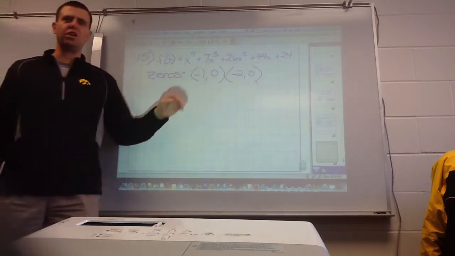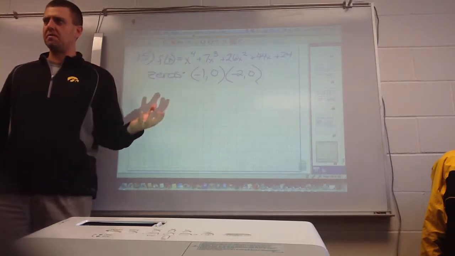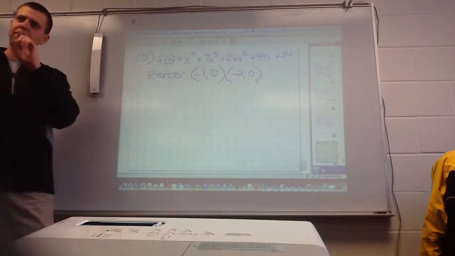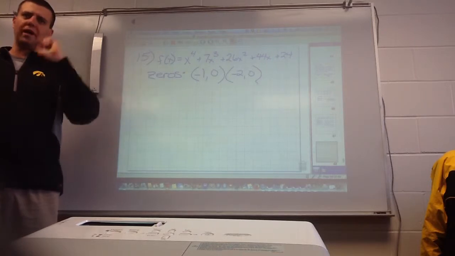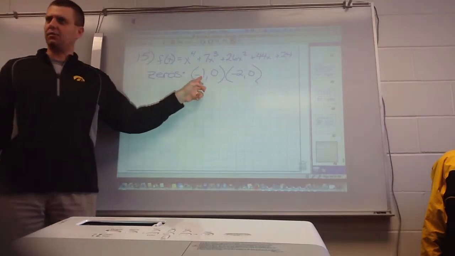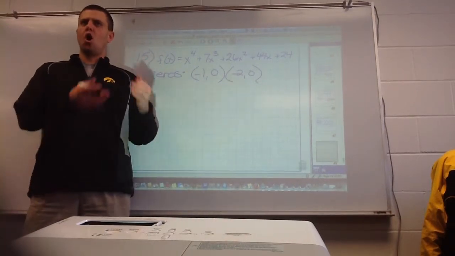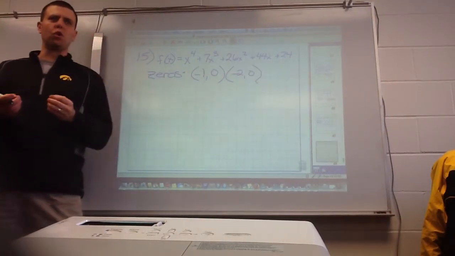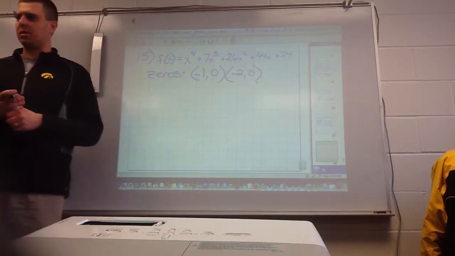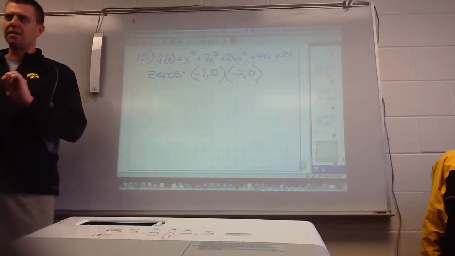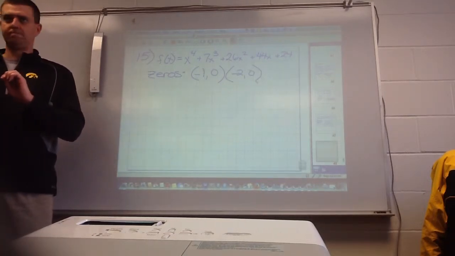Because we know if there's zeros, they're going to go into it evenly, right? If we do synthetic division twice, once with negative 1, and then take that answer and use negative 2, what power will we have left on our polynomial? Second.